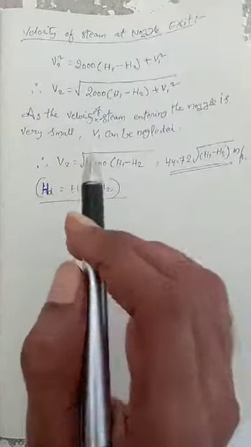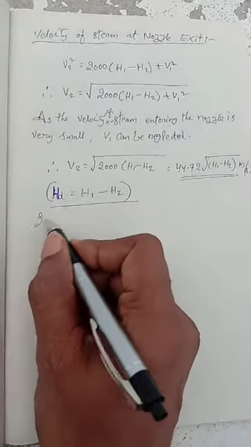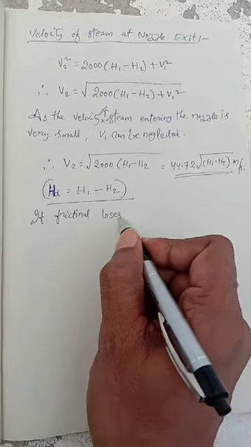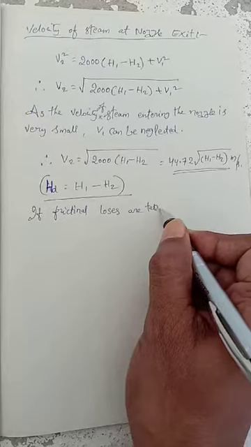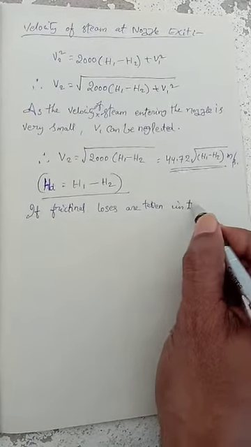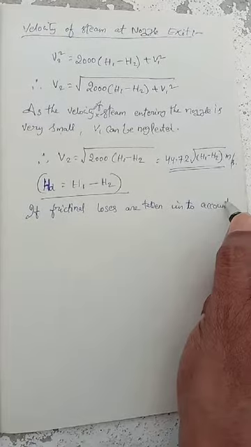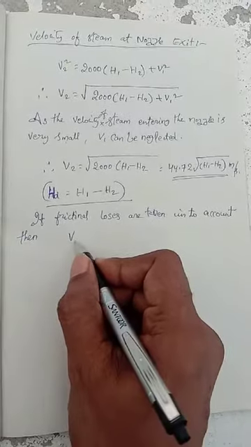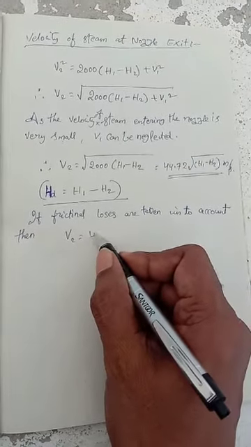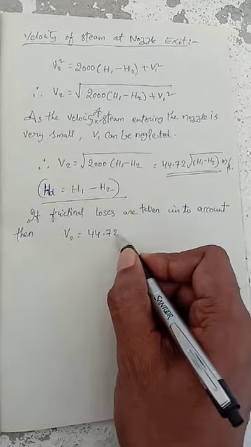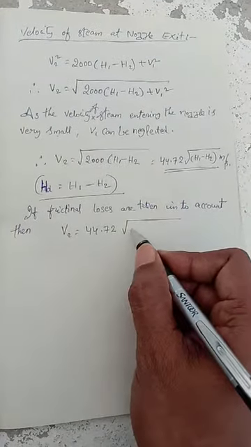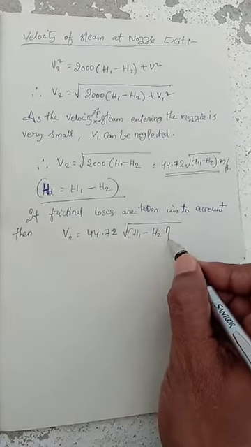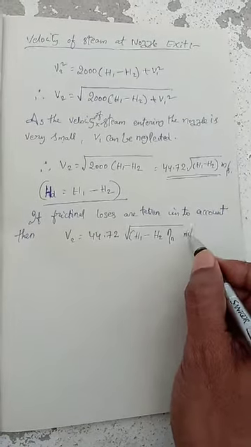Okay, if frictional losses are taken into account, then V2 is equal to 44.72 root of (h1 minus h2) into efficiency of nozzle.